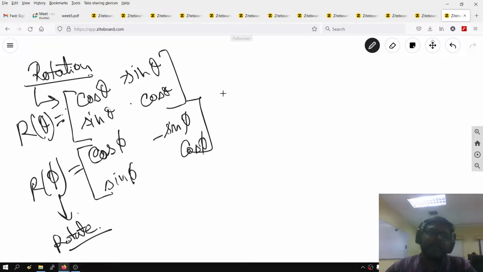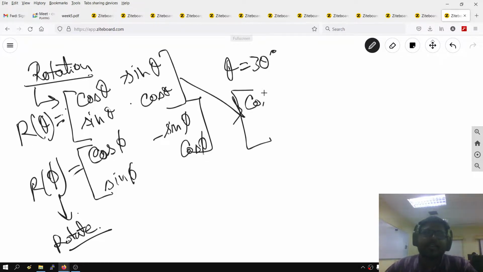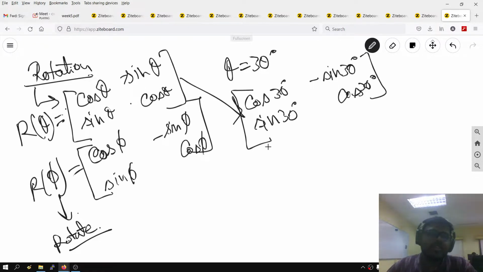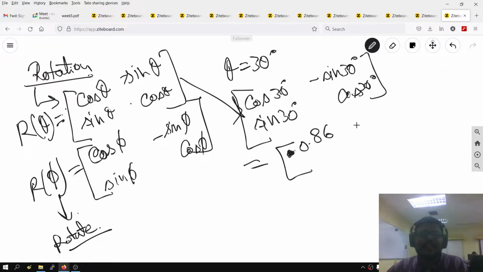So if we rotate by 30 degrees, what does it become? It becomes cos 30 degrees, minus sin 30 degrees, sin 30 degrees, and cos 30 degrees. So the first term becomes 0.86, and this is minus sin 30 degrees, so it becomes minus 0.5.